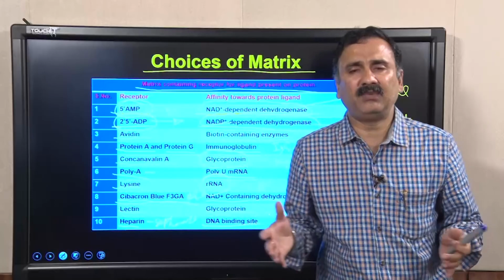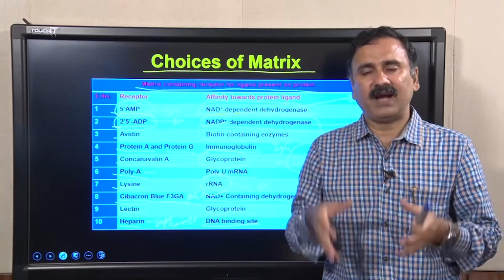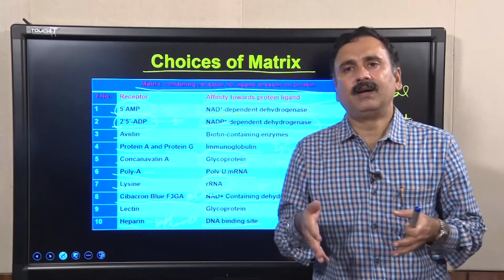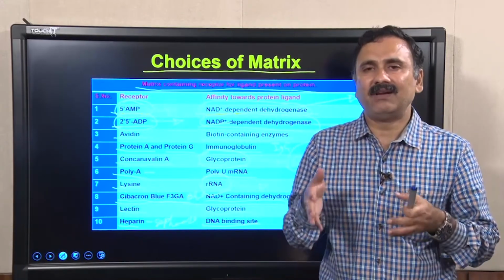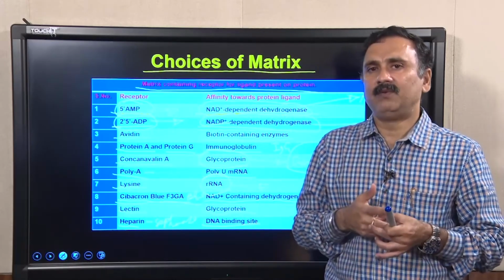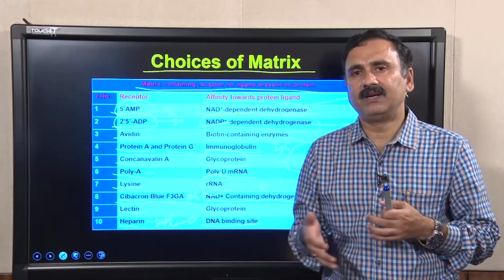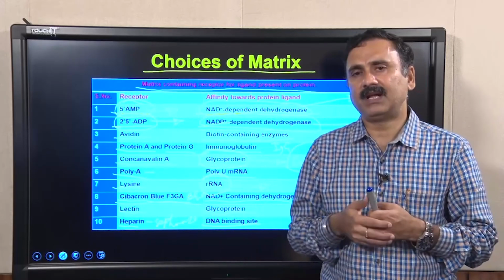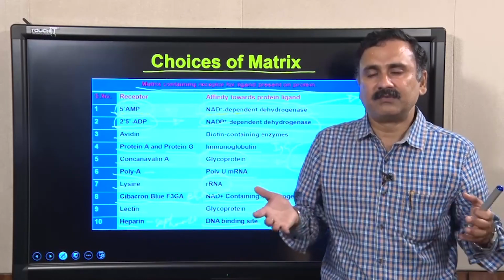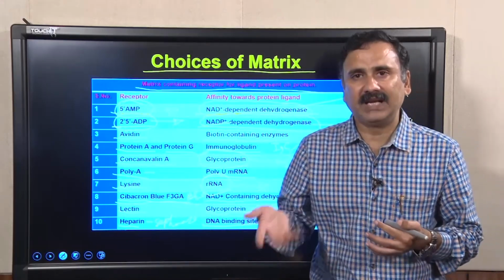So, these are some of the classical examples of affinity chromatography matrices that people are using. We have many more columns or matrices available for performing affinity chromatography. If you are interested, you can go through the catalogs of the different companies, and that will give you an idea of the different types of chromatography columns which you can use for your specific need.